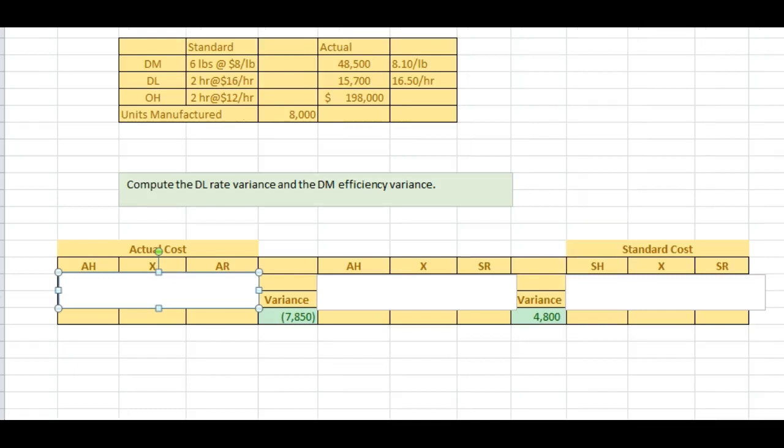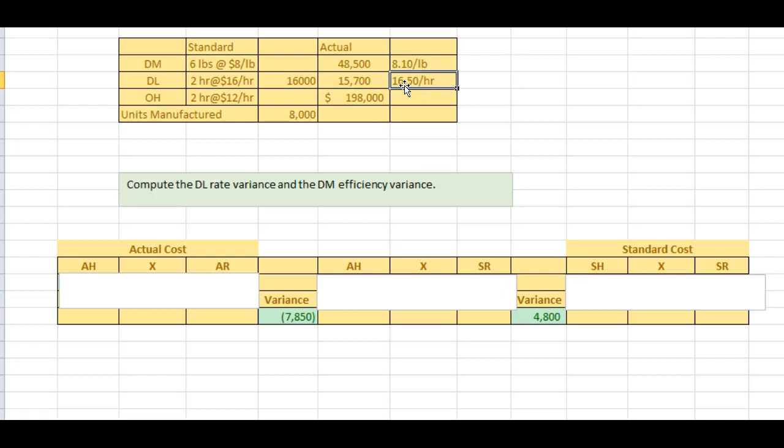In a labor variance, we've got standard here, and we have actual here. This is the same problem. We should have used 2 hours at $16, and we had 8,000 units. So we should have used 16,000 hours, right? Well, we only used 15,700 hours, but we paid $16.50 per hour.